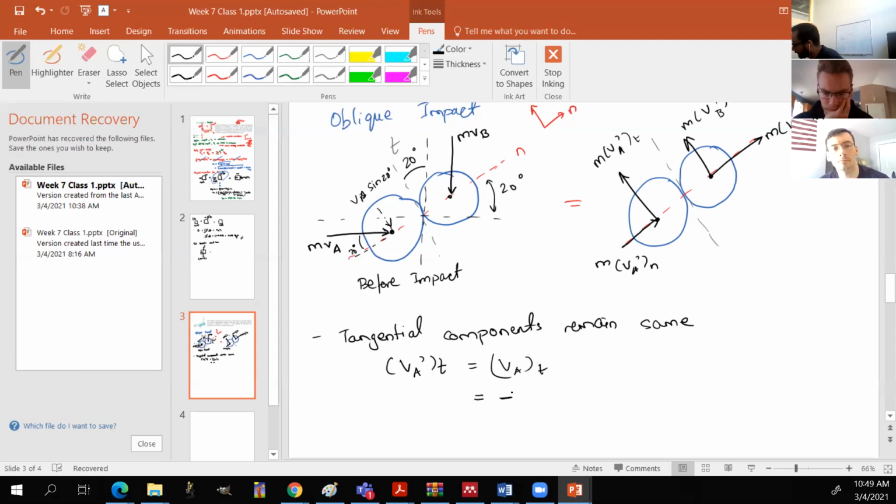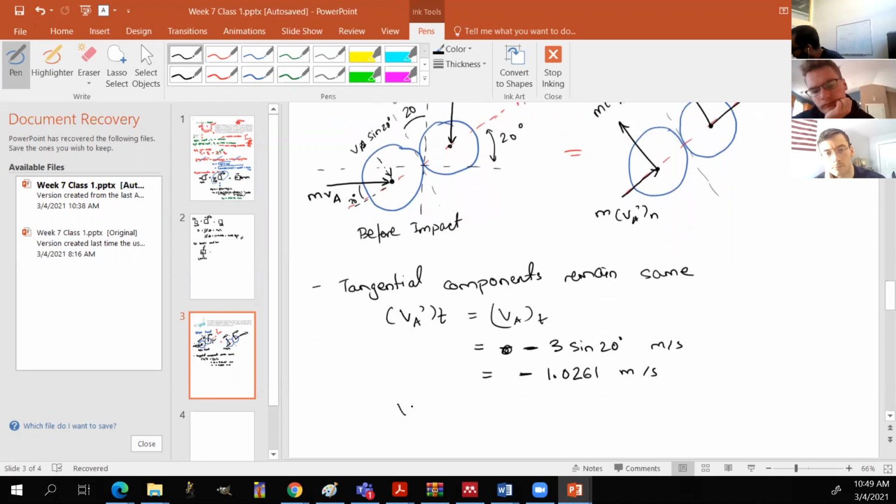So this is going to be minus, it's in the negative direction, times 3 sine 20 meters per second. So that comes out to be equal to, I'm assuming these solutions, the signs, they got them wrong. So apologies for that. So minus 1.0261 meters per second.